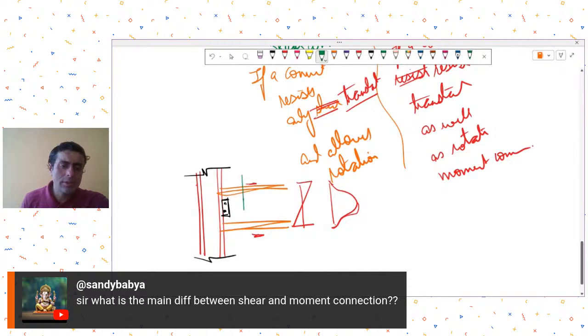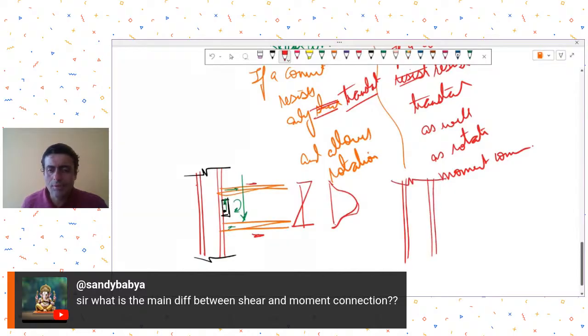In such a case, this can be called a shear connection. Why? Because it is resisting the downward translation, so it will generate shear forces. But it is allowing rotation. There is no rotational restraint because you are not holding the flanges. So this type of connection can be called a shear connection. In a moment connection, in addition to holding the webs, we'll also hold the flanges of this beam, because we want to restrain the rotation.